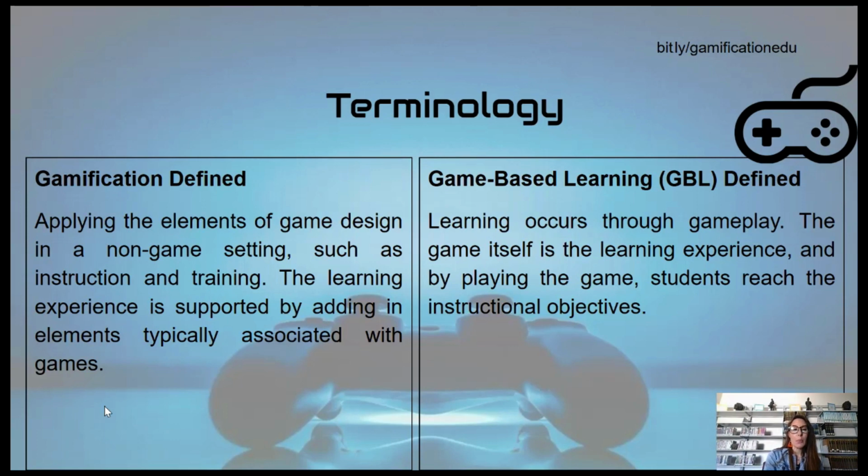The learning experience is supported by adding in elements typically associated with games, like putting on a timer when kids are doing problems, or working in groups to complete a task. That timer is used in real games. So it's using timers, it's using dice, things like that, maybe giving points. That is what gamification is. It's using those elements in a non-game environment like school or in the business world, right?